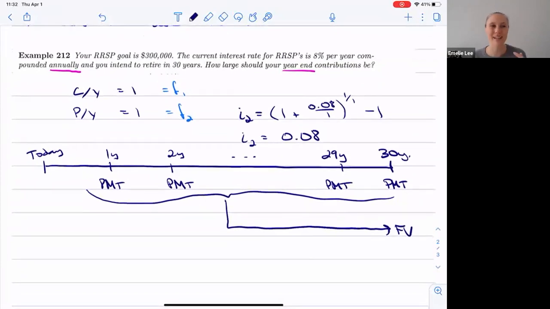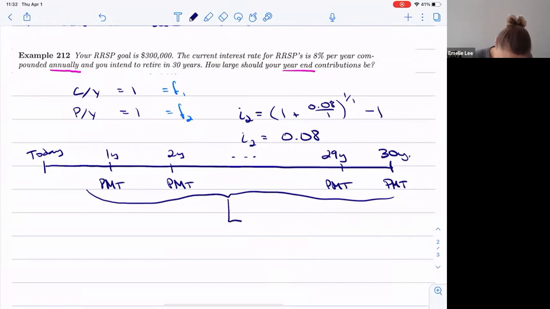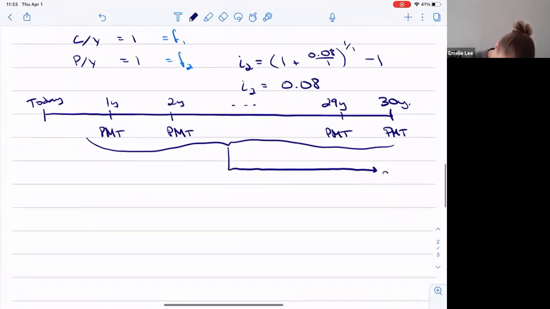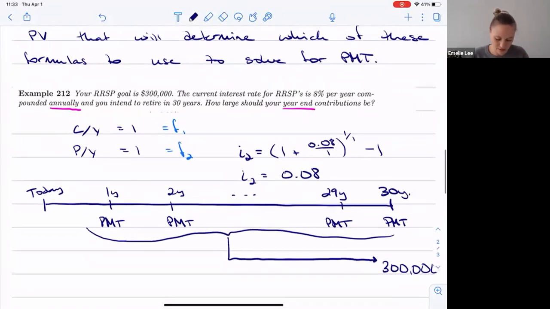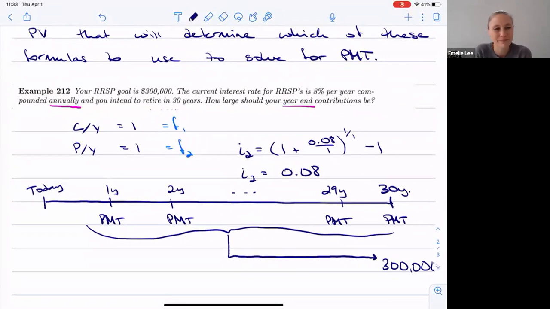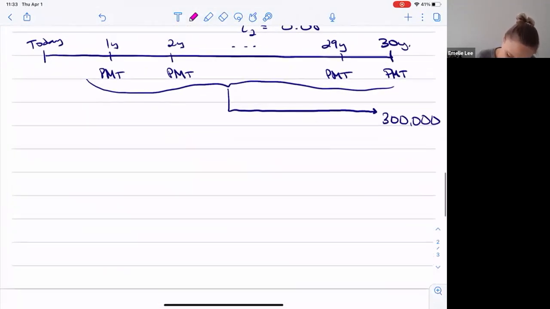And that future value has to be $300,000. Sorry, I said 30,000 earlier, I don't know why. So 300,000 is what I need to have, and so this is a future value.